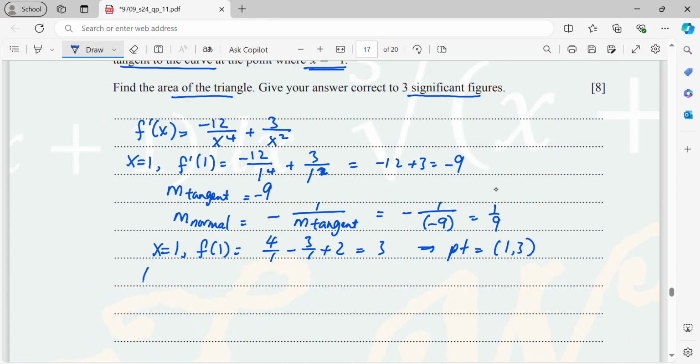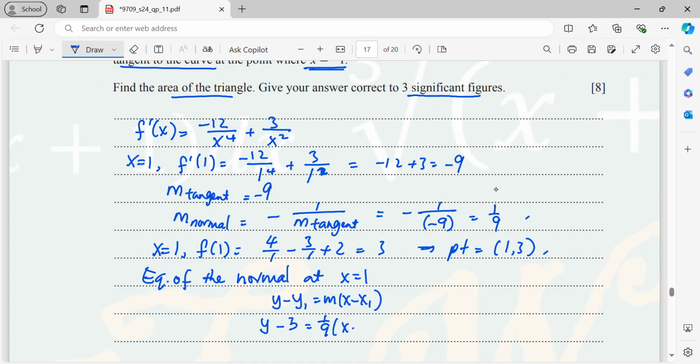Okay, so now I find the equation of the normal at x equals 1, which means use the formula y minus y1 is m bracket x minus x1. So I will get y minus 3 equals m, which is basically 1 over 9, times x minus 1.